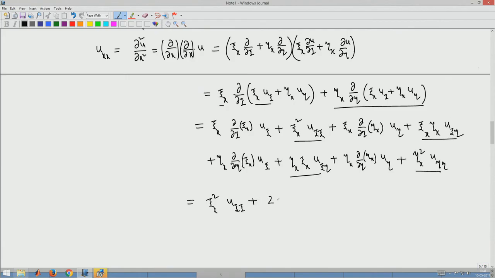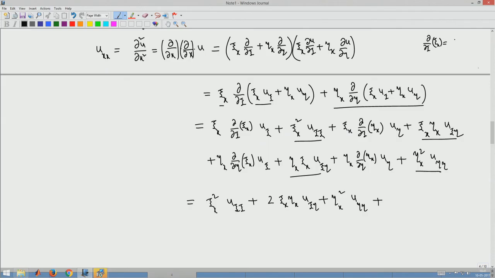So, you have 2 xi_x eta_x u_xi eta, okay, u_xi eta, and then plus eta_x square u_eta eta. Okay, this is what you have, plus some coefficient. What is actually this xi_x into, so dou xi of xi_x?